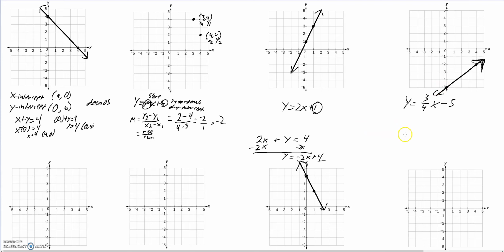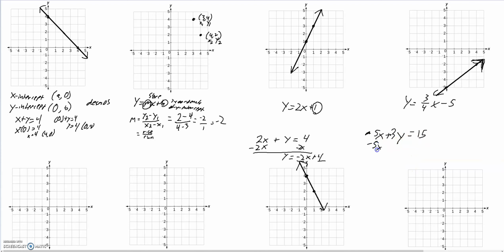Let's just say positive 5x plus 3y equals 15. Okay. So for this, we need to solve for y. So I'm going to move the x to the other side.